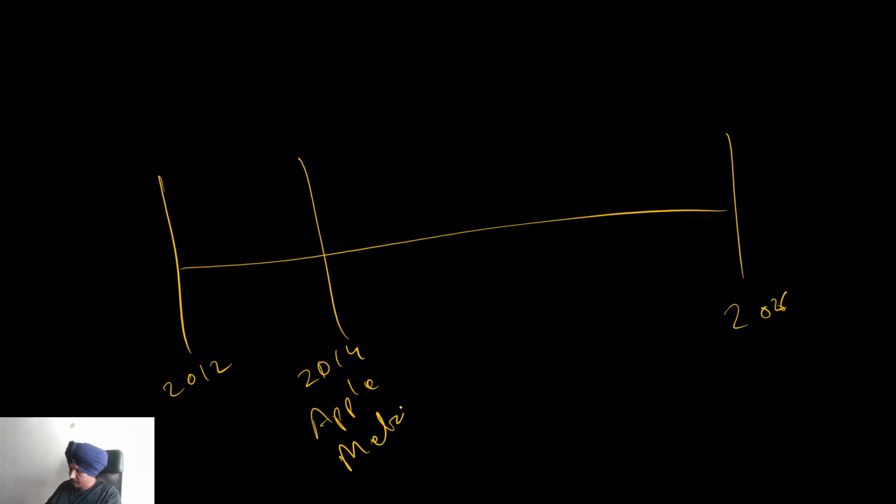Now I'll give you a quick timeline. Let's suppose this is 2026, and this is 2012. Around 2014, Apple released Metal. They didn't want to use OpenGL anymore. Before that we had OpenGL and DirectX.